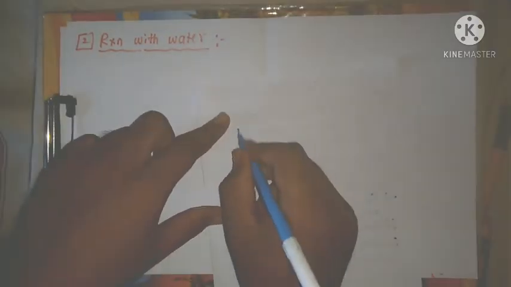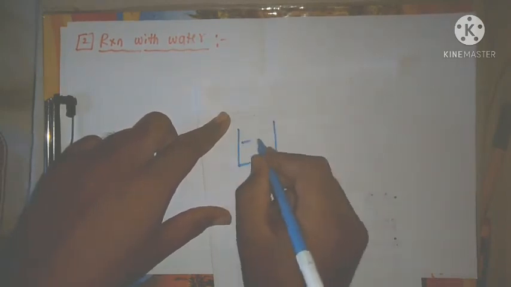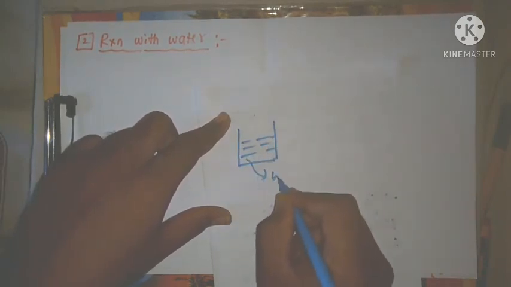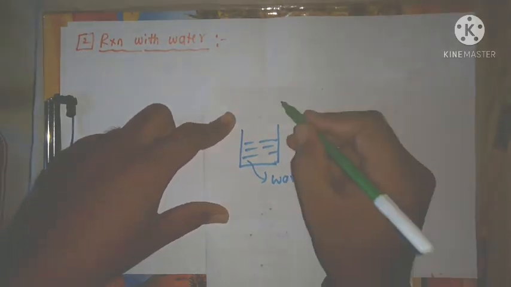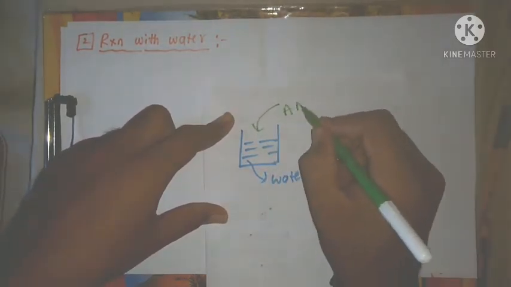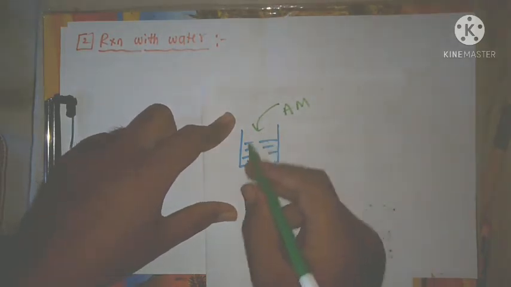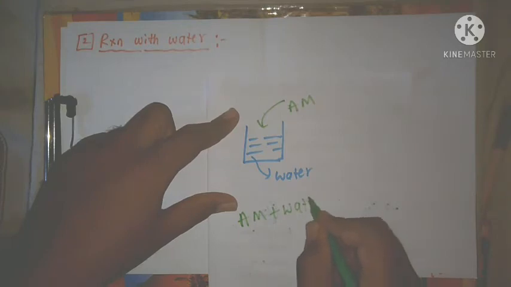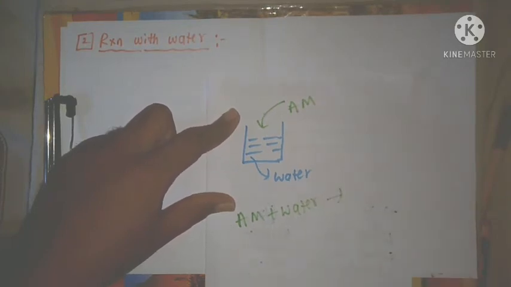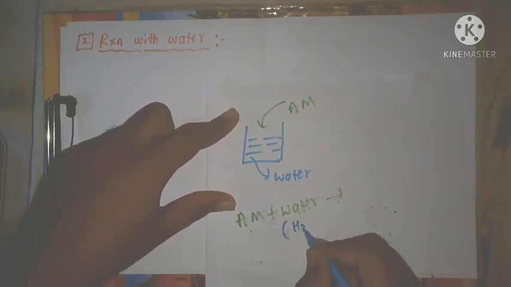Now we will see. For example, this is a beaker filled with water. If I add an alkali metal to this beaker, it now contains alkali metal plus water. Water, H2O, can also be written as OH minus and H plus.